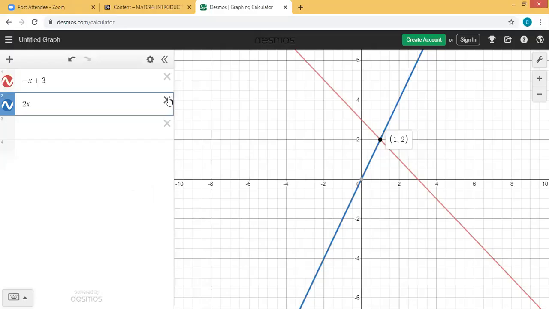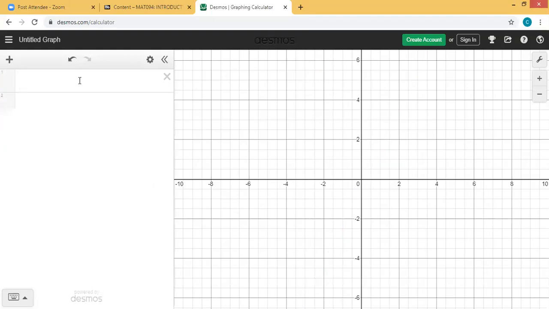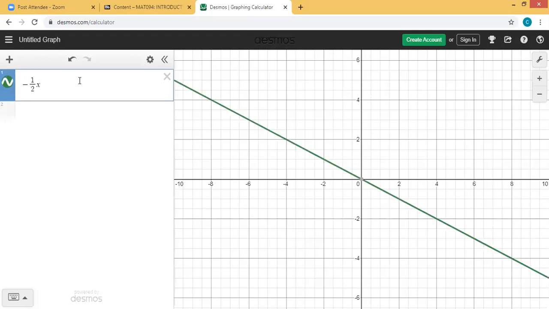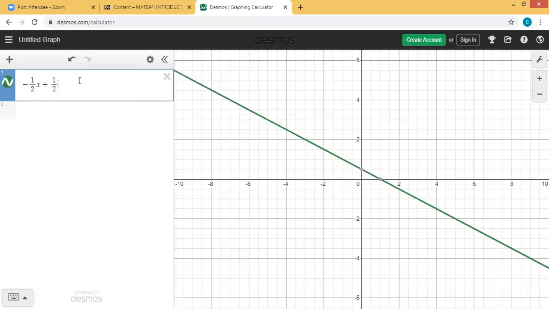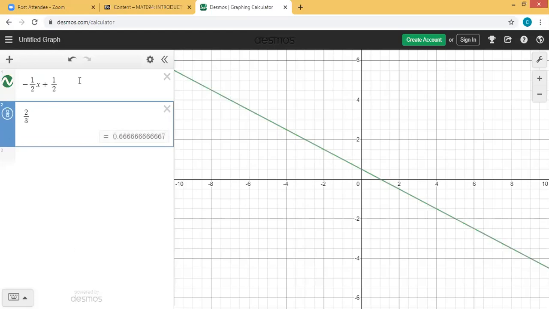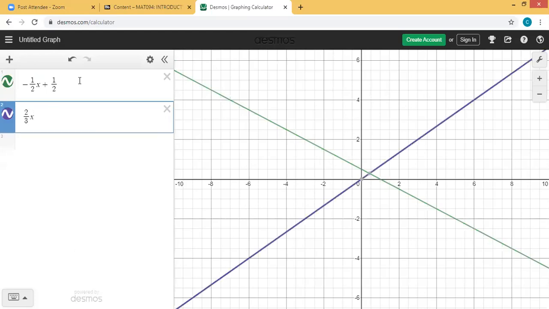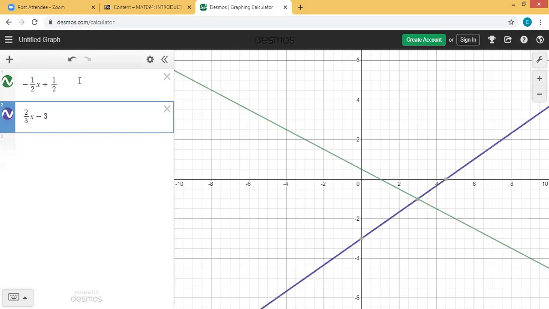We're going to close these out so we can start new. And we want to make sure that we type negative 1/2, move the cursor over so that you can type the x next to it, plus 1/2, enter, and then 2/3, move it over so that you can type the x next to it, minus 3.